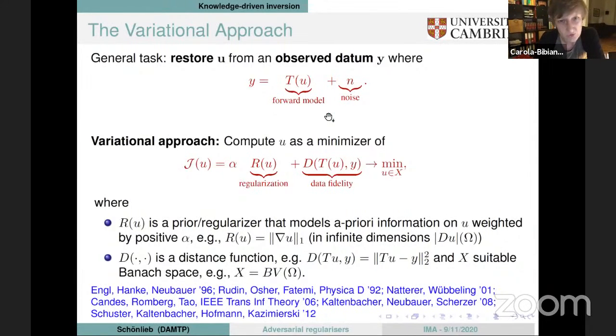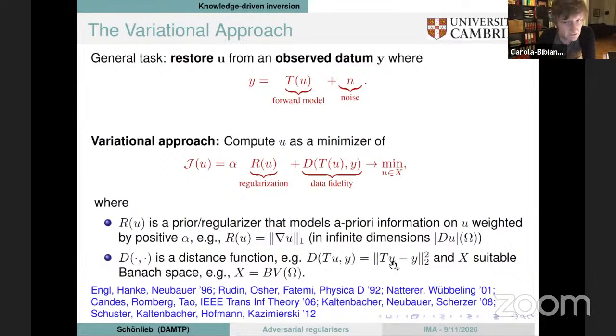And so one way to get around the ill-posedness of this, meaning that I can't just invert this capital T, is to phrase the problem or to compute an approximation to this equation here as a minimizer of a functional that on the one hand measures closeness to my measurement model. So I'm looking for a minimizer of this functional that consists on the one hand of a distance term between the forward model and the measurements.